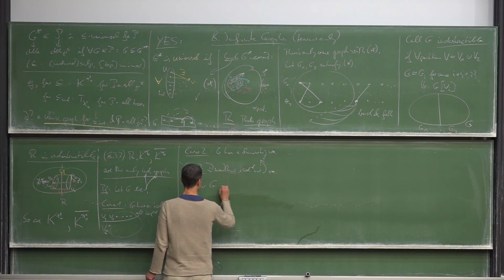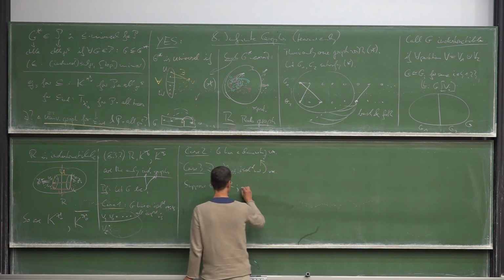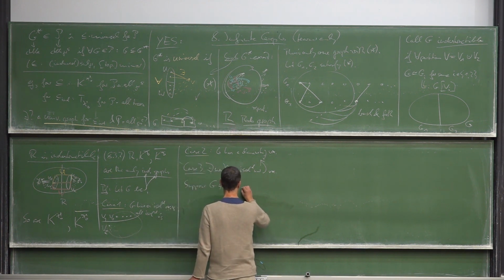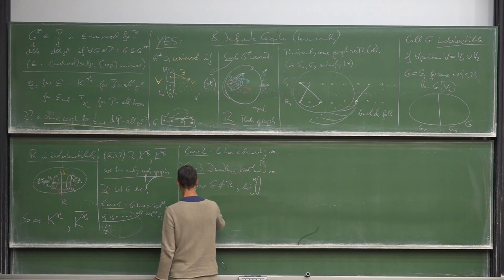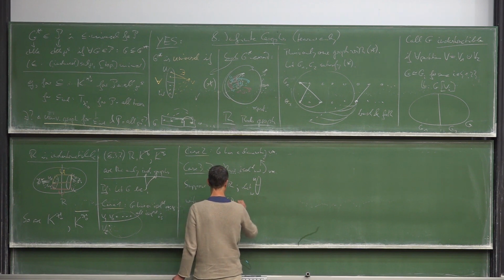Suppose G is not the Rado graph. Let U and W witness that star fails.